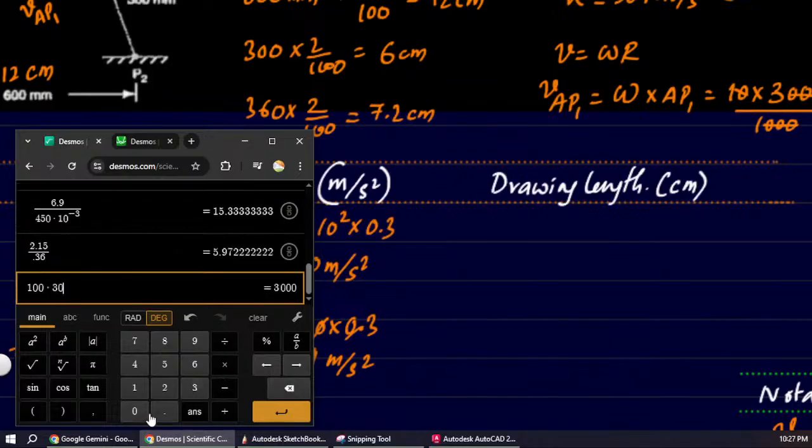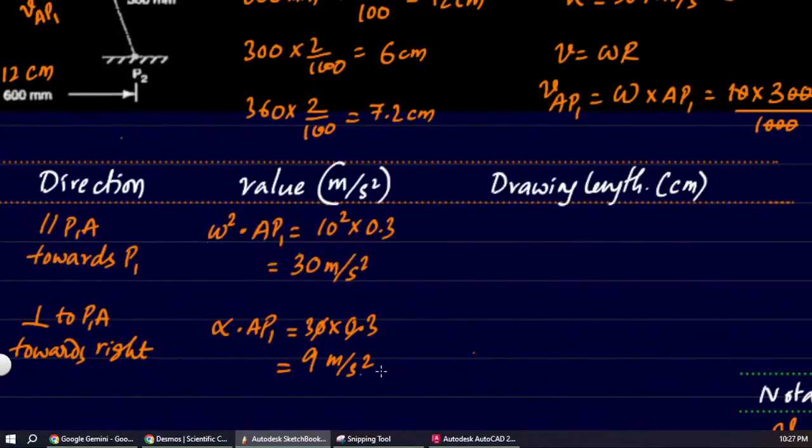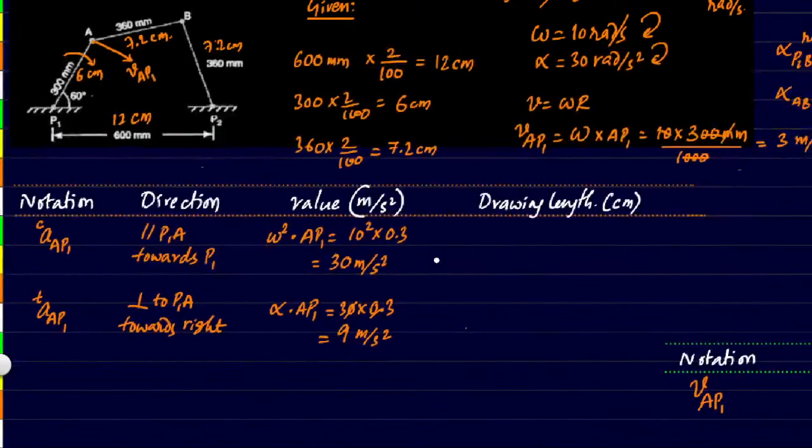Sorry, not into 30, into 0.3. So that gives us 30. Okay, so 30 meter per second square and 9 meter per second square. These are the two accelerations.